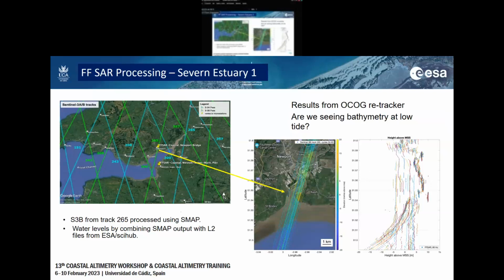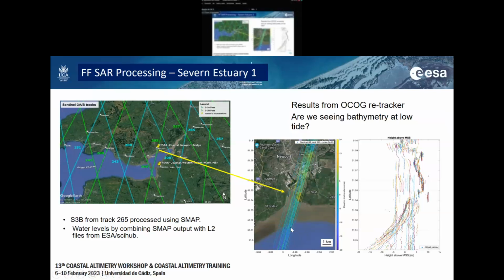So far, DTU primarily processed data from one track, which is the 265 Sentinel 3B here, and we put in new gauges at Newport on a road bridge on the River Usk, as it comes down, and then we put one on the end of a pier at Weston-super-Mare. So they're new gauges. And then the first processing, you can see the outputs from that on the right.